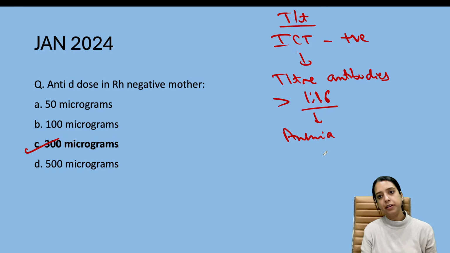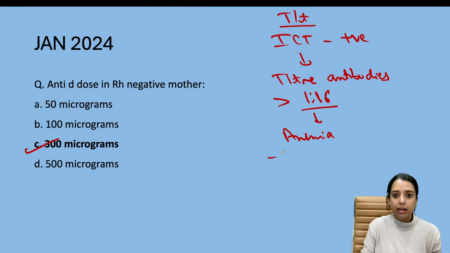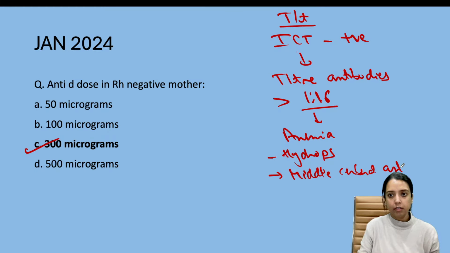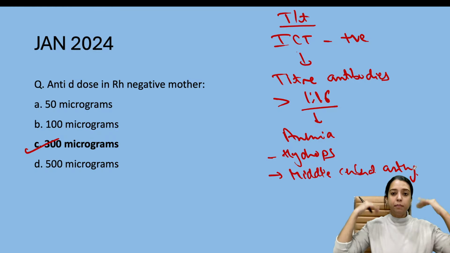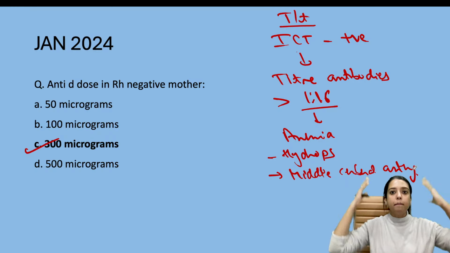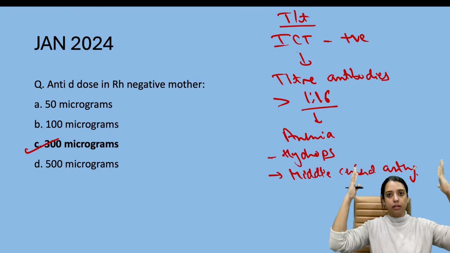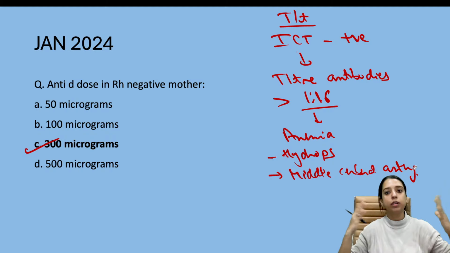How can I check for fetal anemia? I can't take a blood sample of the baby. Two things. I'll check for hydrops and I'll check for middle cerebral artery blood flow. Whenever the baby develops anemia, the blood flow to the brain increases because there is not enough oxygen. So blood flow to the most vital organ increases. So middle cerebral artery blood flow increases.